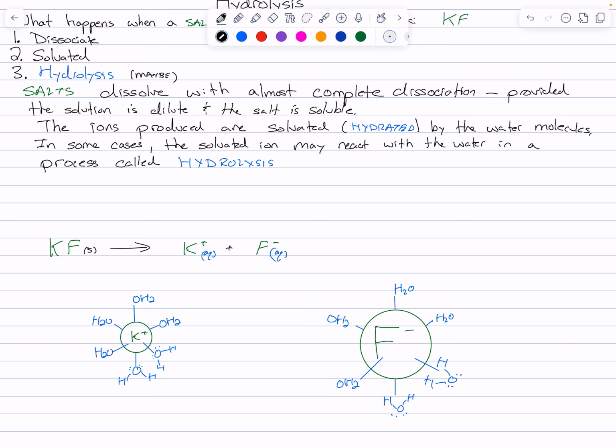Right? This happens when the salt is a salt of a weak acid or a weak base.